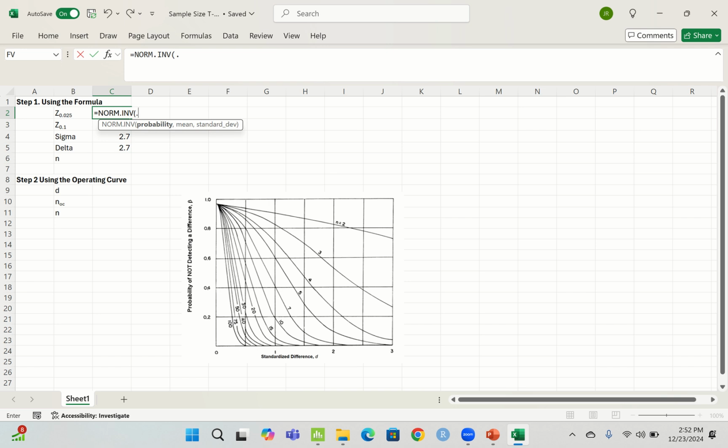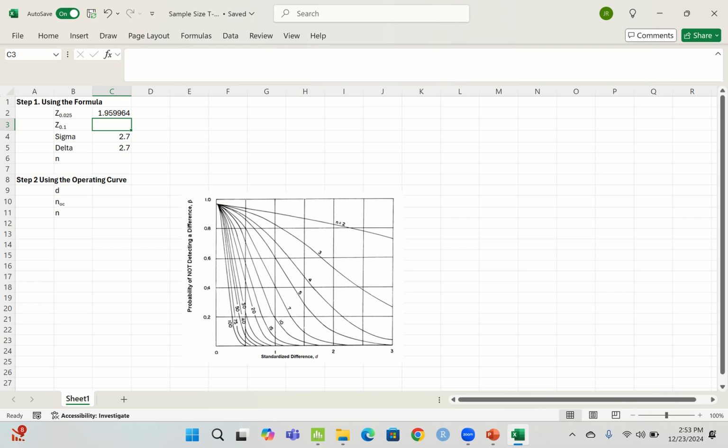So this is going to be 0.975. And the mean here is not the means we're working with. These are the means of the standard normal. So the mean of the standard normal is always 0, and the standard deviation of the standard normal is always 1. So that's going to give us the value of 1.96. That is a very typical value for this z here.